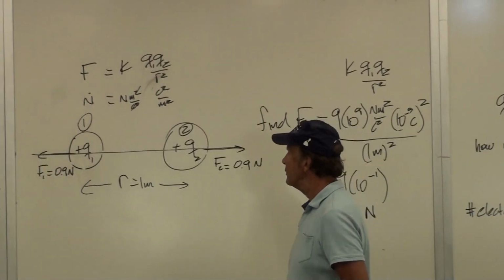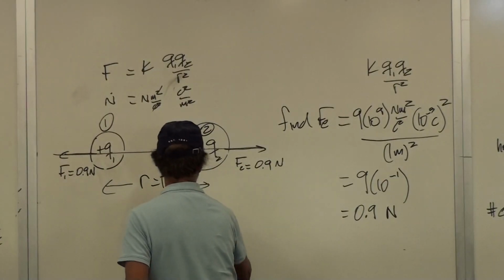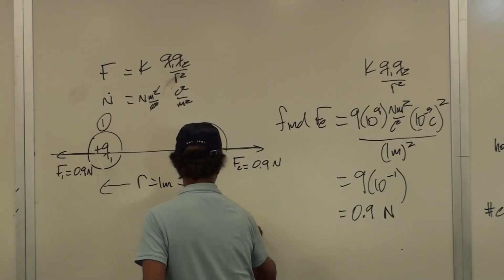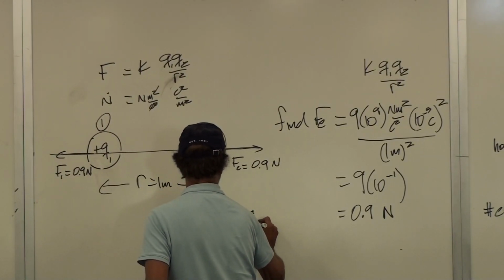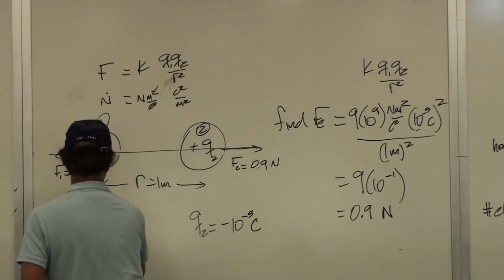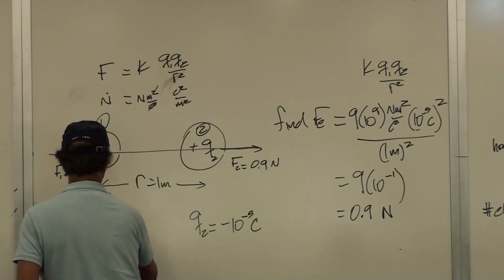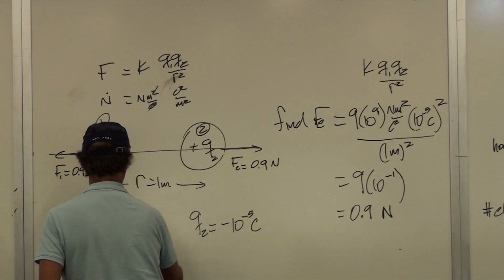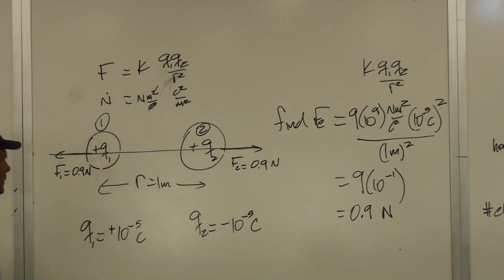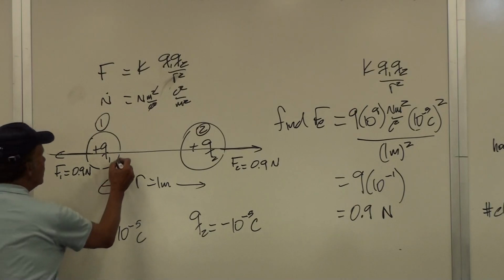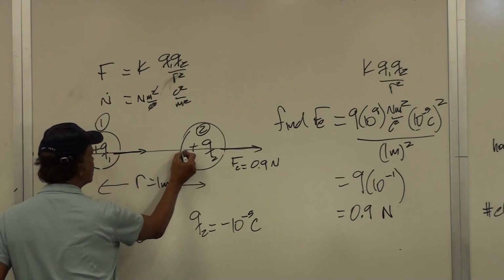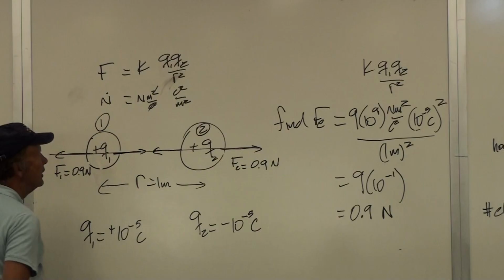Now, how is this problem going to change if I change Q2 to minus 10 to the minus 5 coulombs, and Q1 is equal to plus 10 to the minus 5 coulombs? Now that's going to be an inward force, but can you see that it'll be the same magnitude as what we just calculated?